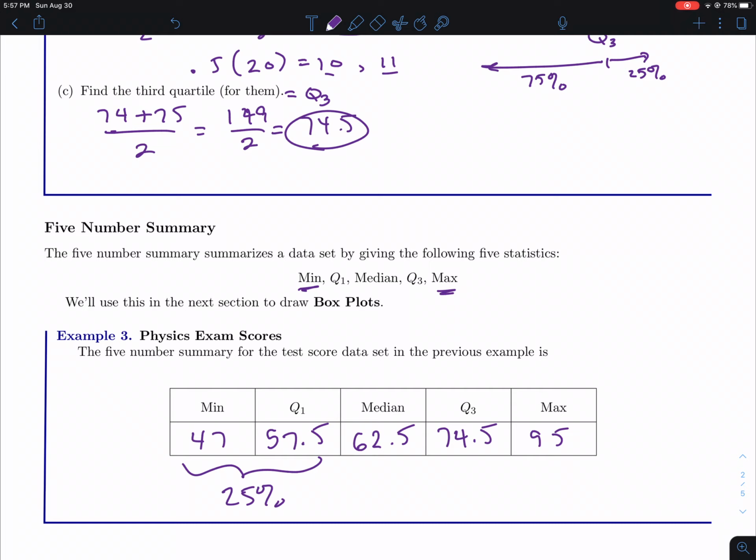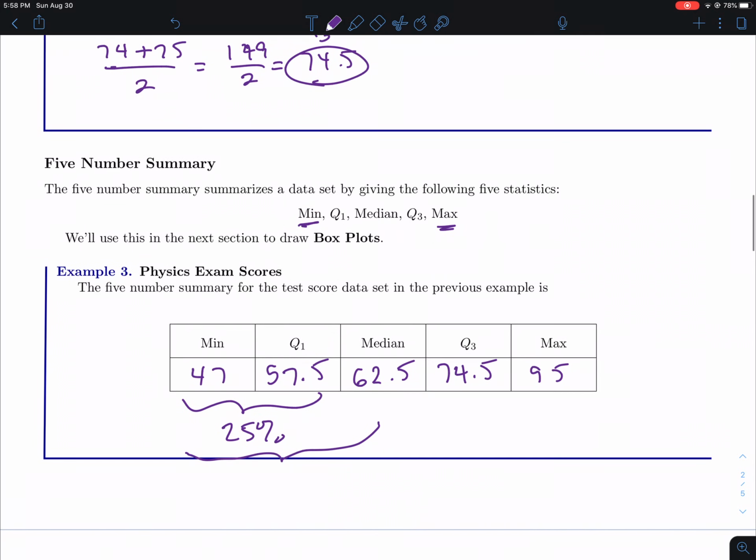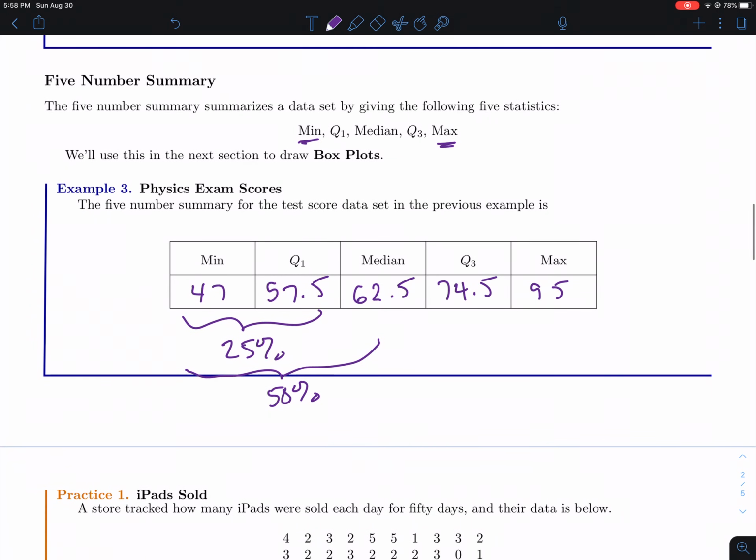So 25% of the test scores were in that range. From 47 up to 62.5, 50% of the test scores were in that range. And then finally, from 47 up to 74.5, 75% of the scores were between those values.